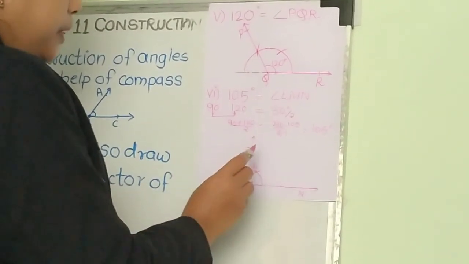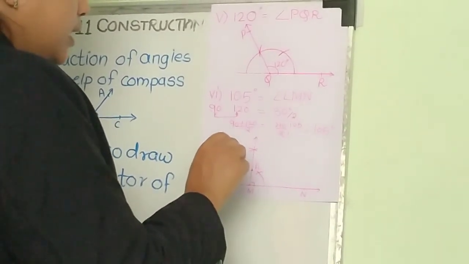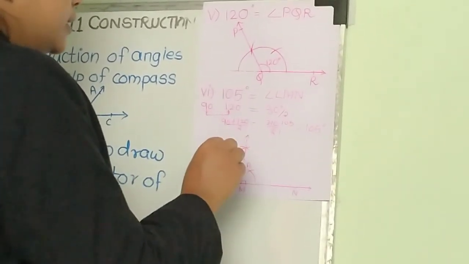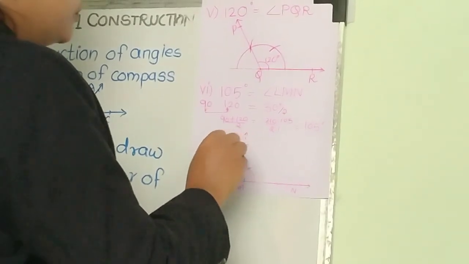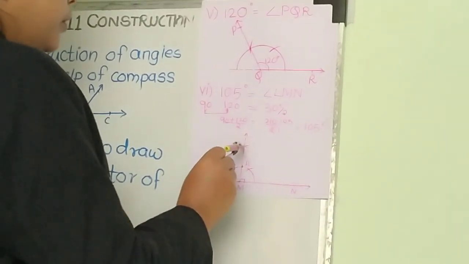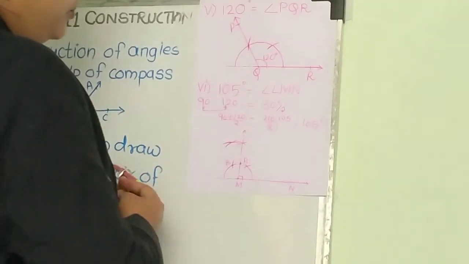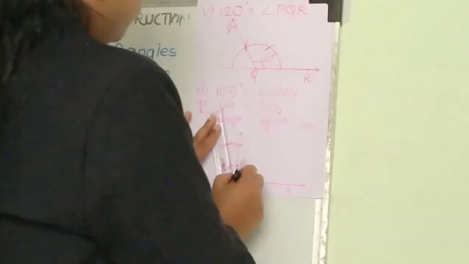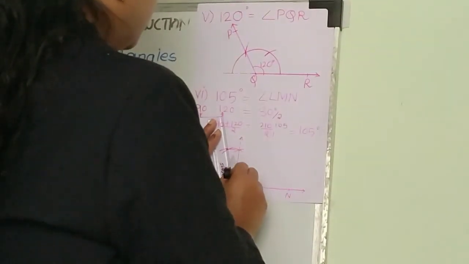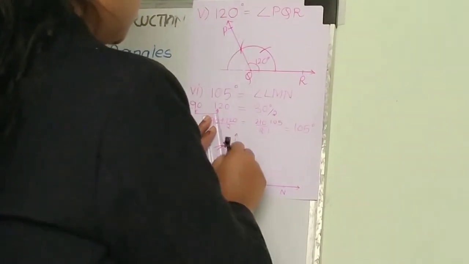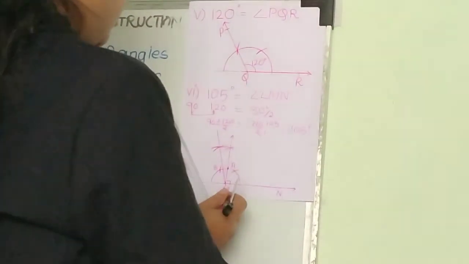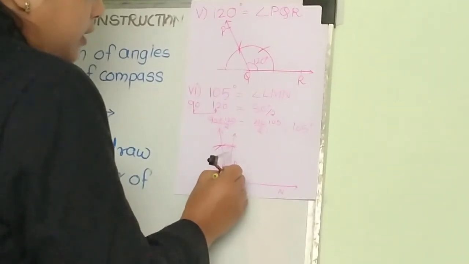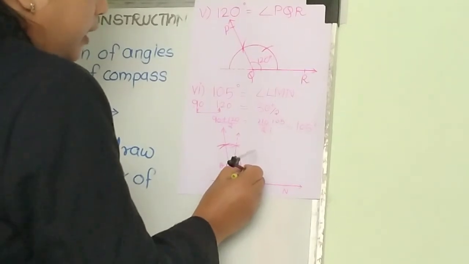From B we take some distance and draw an arc, and with the same distance draw an intersecting arc from point A. So from B and A we draw two intersecting arcs, and where they meet we draw the ray through that intersection, and that is our required angle 105 degrees.